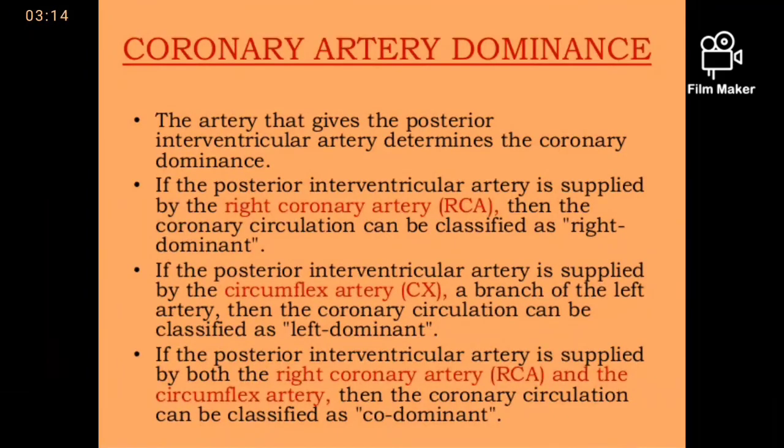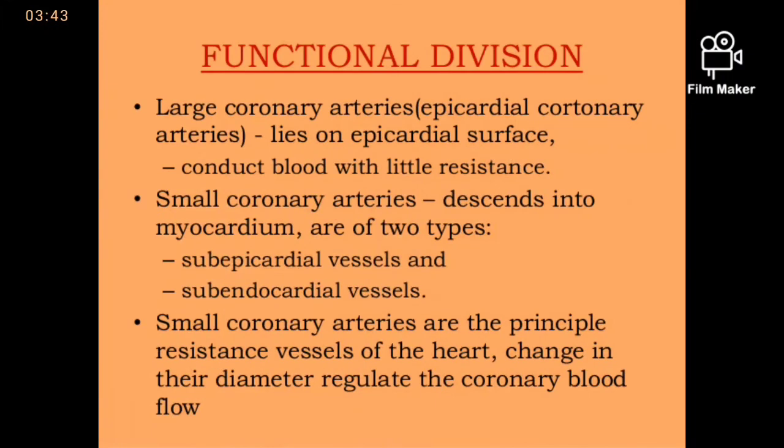Coronary artery dominance: it is the posterior interventricular artery which determines the dominance. If it is a branch of the right coronary artery, it is right coronary artery dominance, and if it is a branch of the circumflex artery, then it is called left dominance, because the left coronary artery gives the circumflex artery.